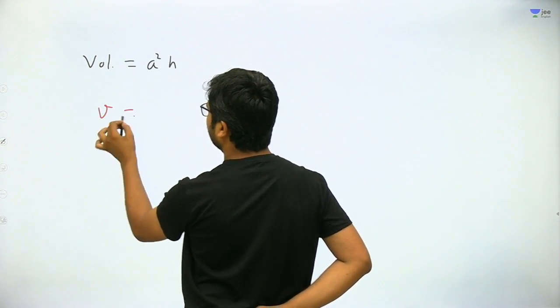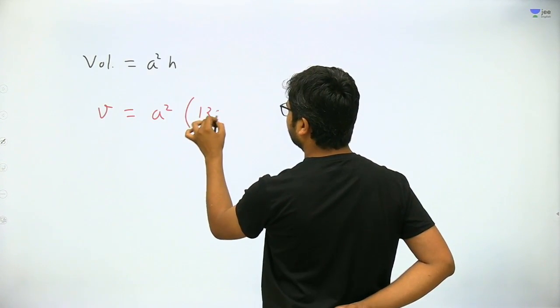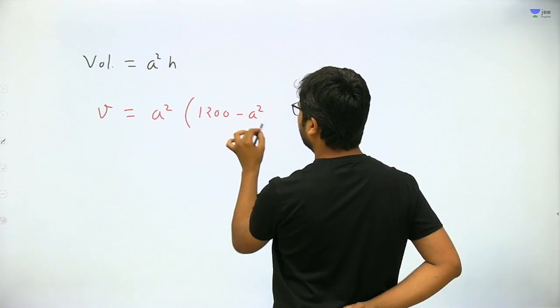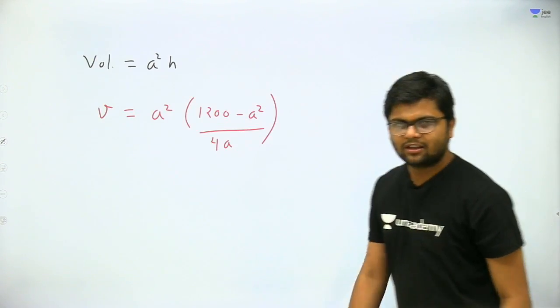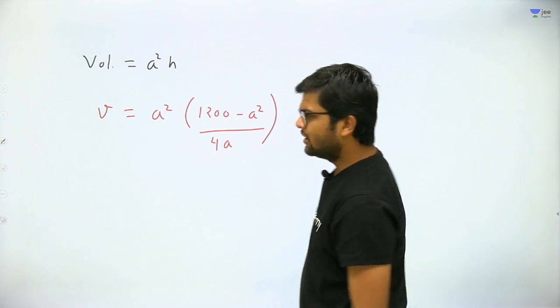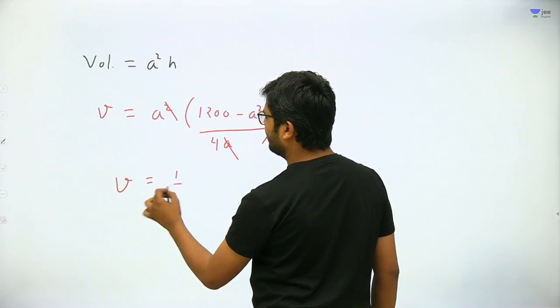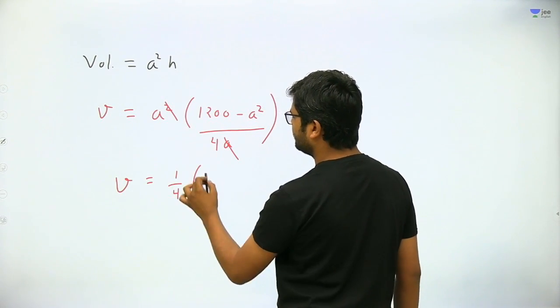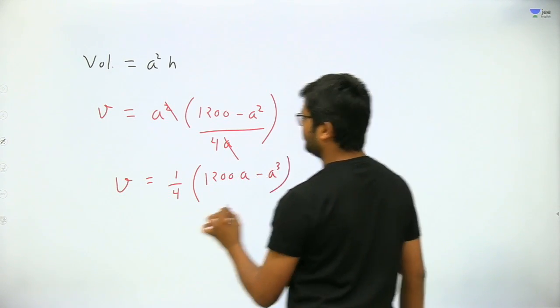So the volume function becomes a square into 1200 minus a square upon 4a. I think everybody must have got the answer. Yes or no? Now cancel a with a, take 1/4 outside, and the volume function becomes 1/4 of 1200a minus a cube. This is the volume function.